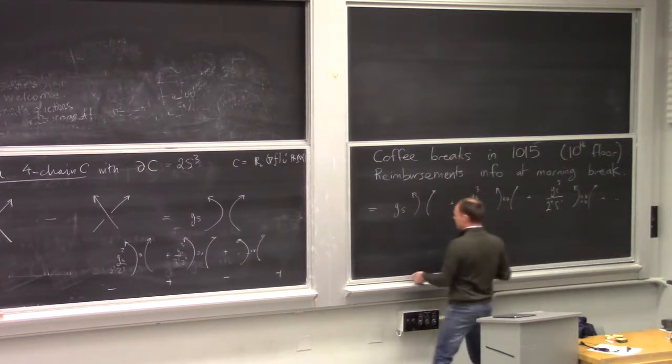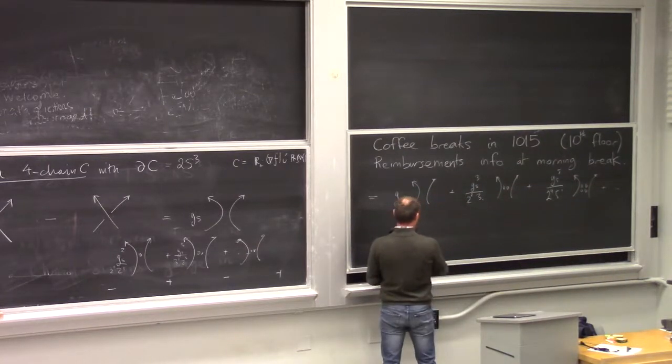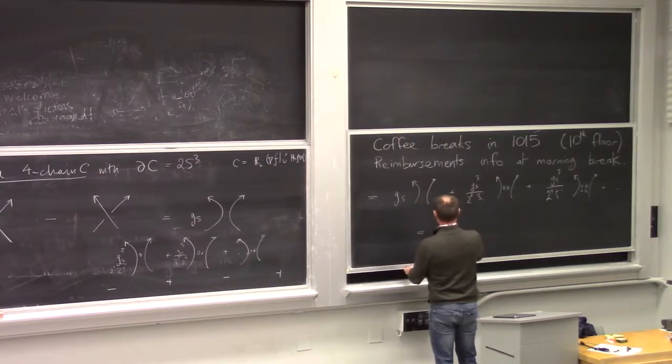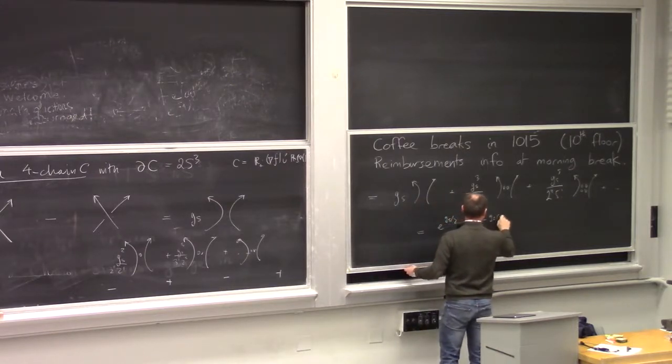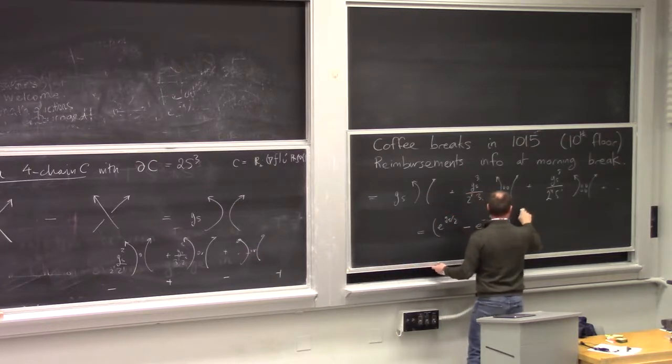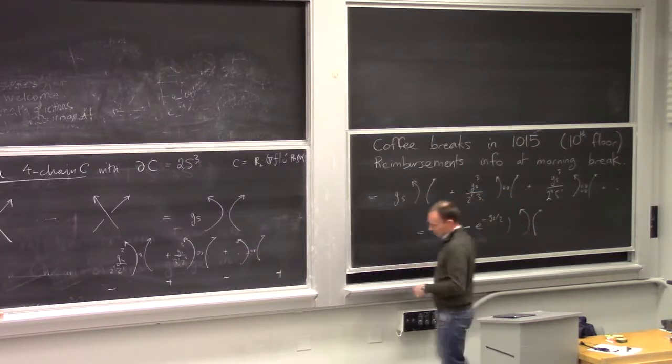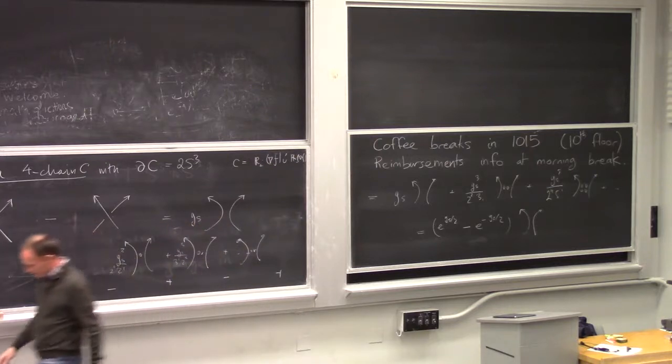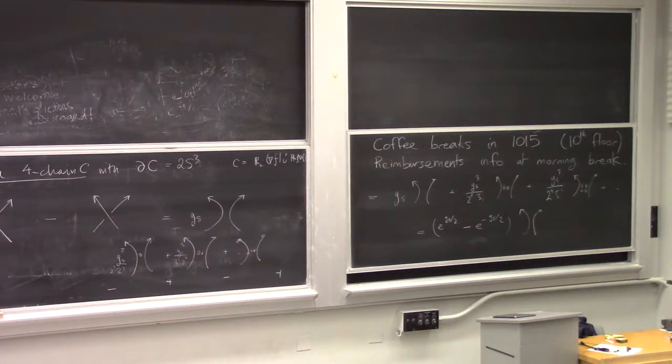So in some sense, if you just count the curves, it looks like e to the GS half minus e to the minus GS half times this. So that's one of the cases.